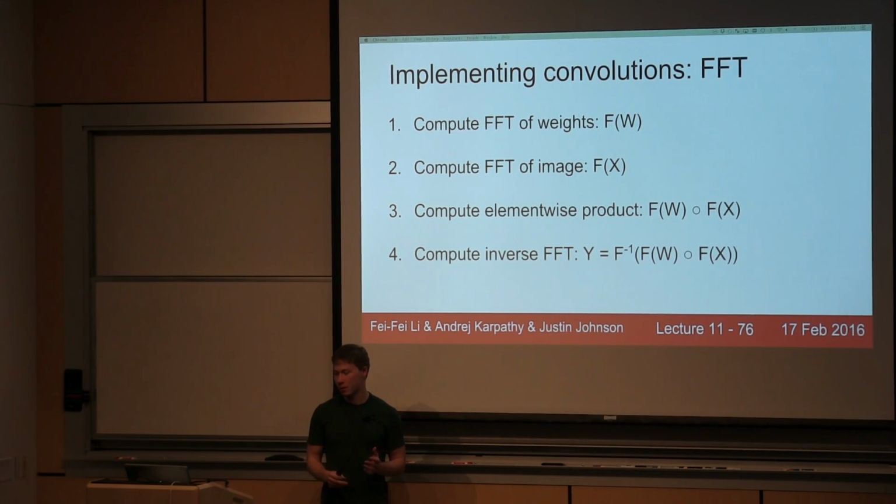The way this works is that first, we use the fast Fourier transform to compute the Fourier transform of the weights, and also compute the Fourier transform of our activation map. And now in Fourier space, we just do an element-wise multiplication, which is really, really fast and efficient. And then we again use the fast Fourier transform to do the inverse transform on the output of that element-wise product. And that implements convolutions for us in this kind of cool, fancy, clever way.